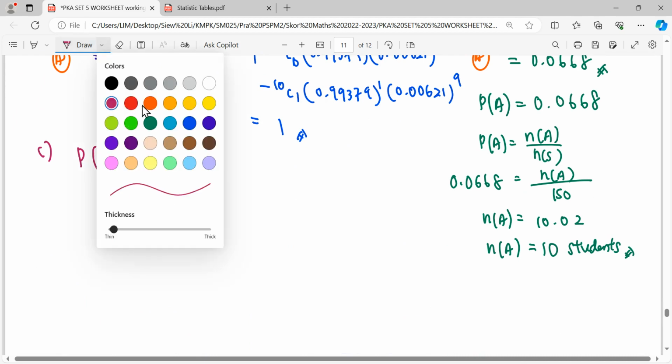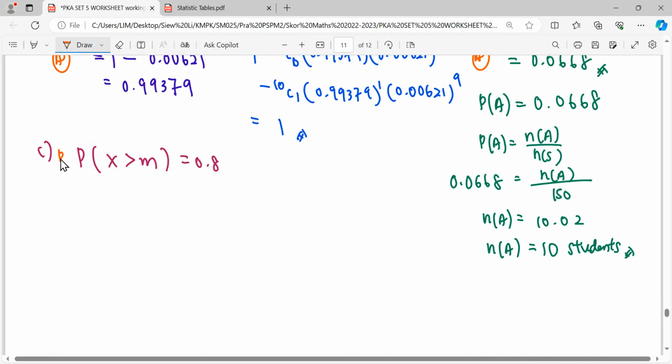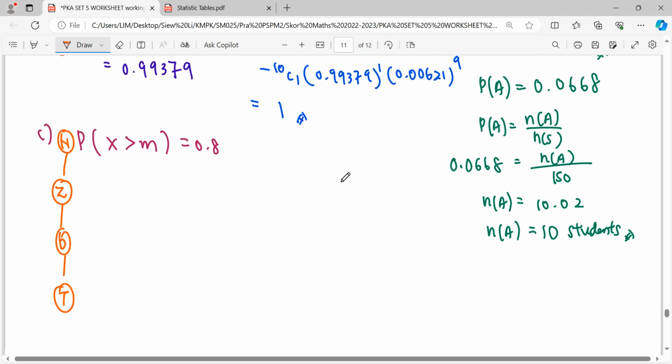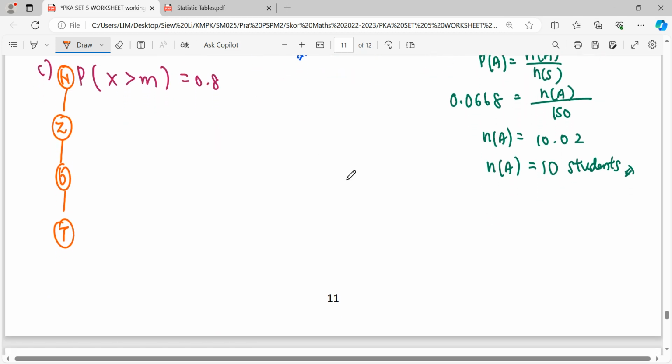So when we're talking about marks, this brings us back to the original, X is distributed normal. So what we need to do is change to standard form. Then we draw out and read from the table to get the answer.